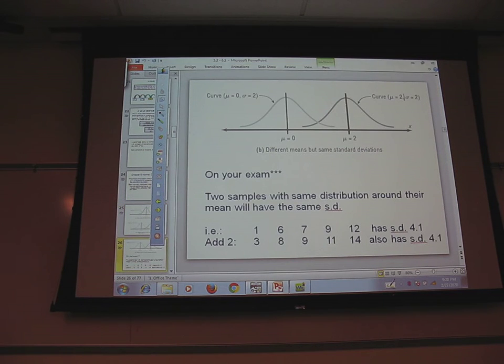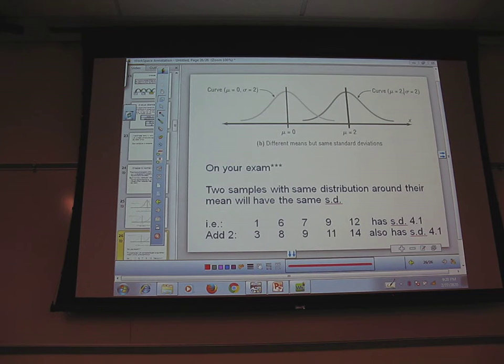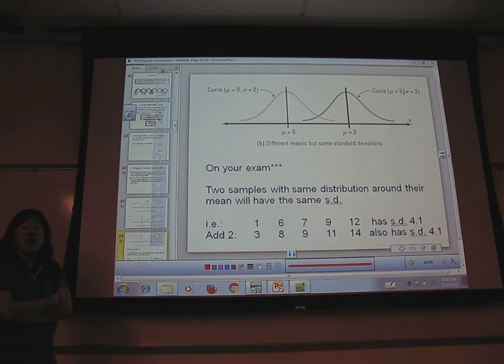This will absolutely come up on the exam. I might give you two samples that have the same distribution around the mean; they will have the same standard deviation. If their shape is still the same, how far they all are from the mean is still the same, they'll have the same standard deviation.